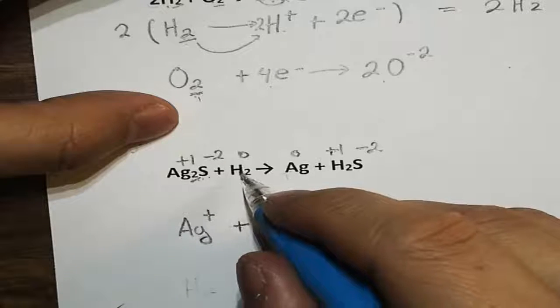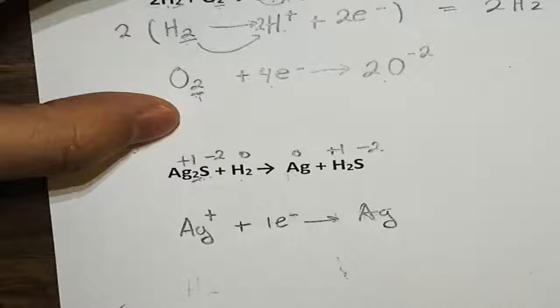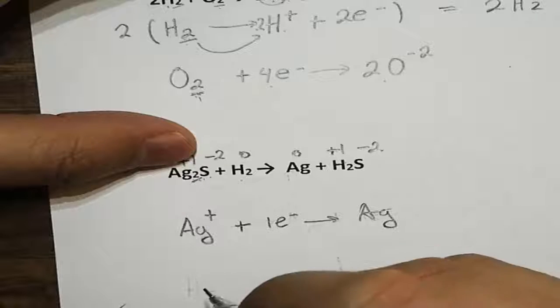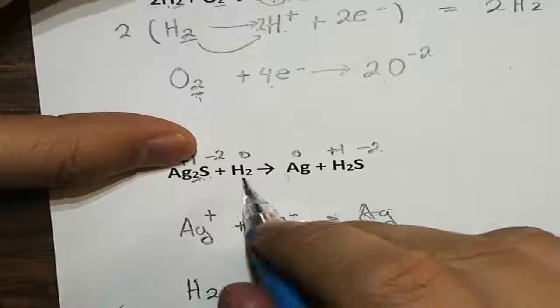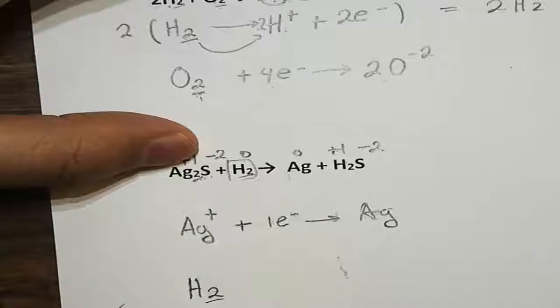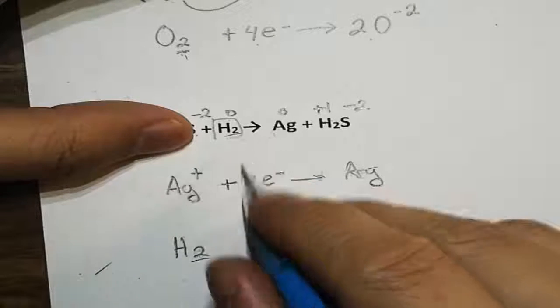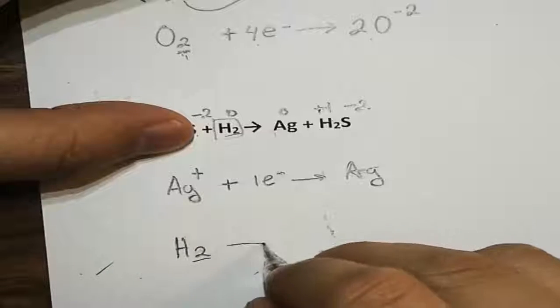Now let's look at hydrogen. It starts with 0, all of a sudden becomes plus. That means it has lost an electron. That's the only way it becomes positive, or more positive. So we have H2. Notice how I write the 2, because this is an elemental form, okay? It's not combining with any other element to make a compound. In this case, H is starting from 0, so it's going to lose 1 electron.